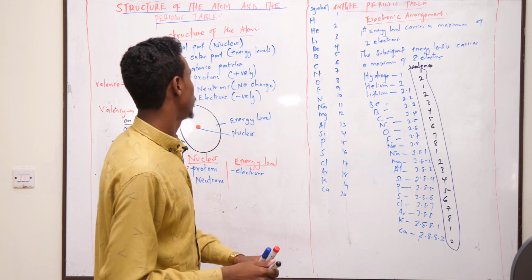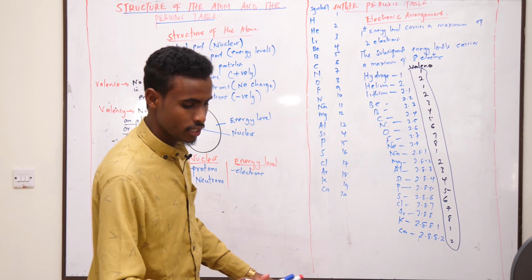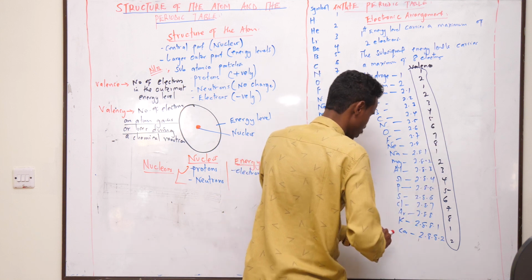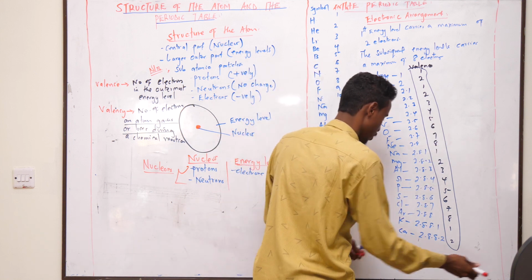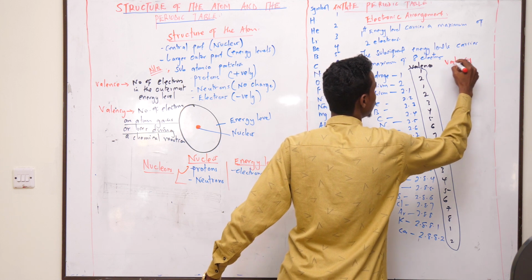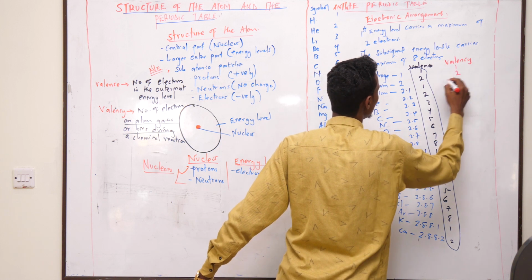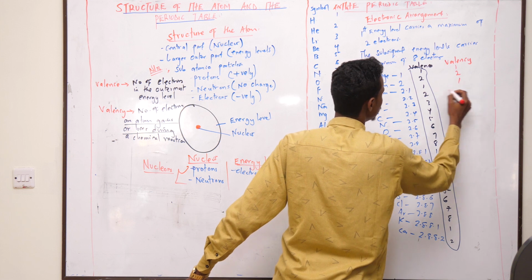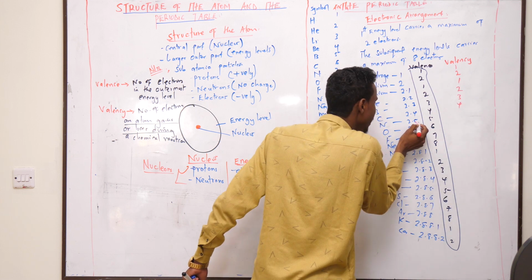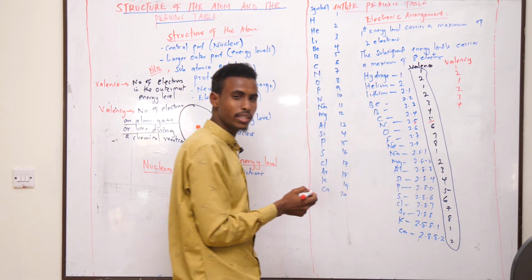Now let's look at the valence. Here the valence is 1, this is 2, this one is 1, this one is 2, 3, 4. Here it has 5 outermost electrons.